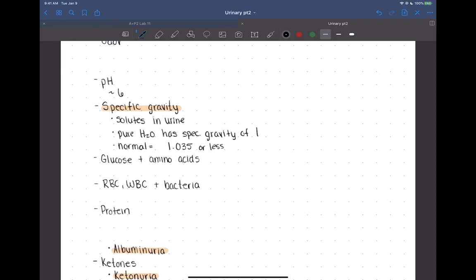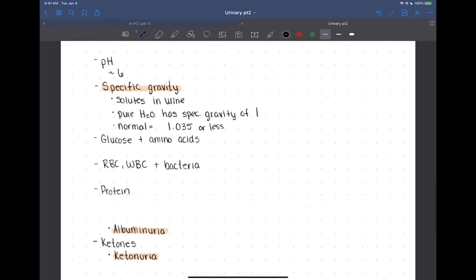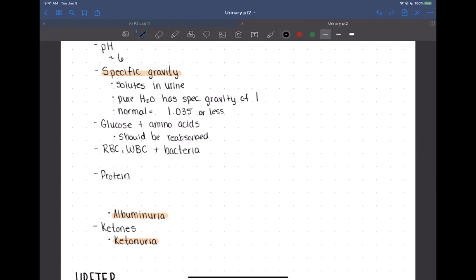Okay, so then you can also test urine for the presence of glucose and amino acids, right? They should be reabsorbed, so you wouldn't expect to see them under normal conditions. Also, red blood cells, white blood cells, bacteria, under normal circumstances, you would not expect to see them in urine.